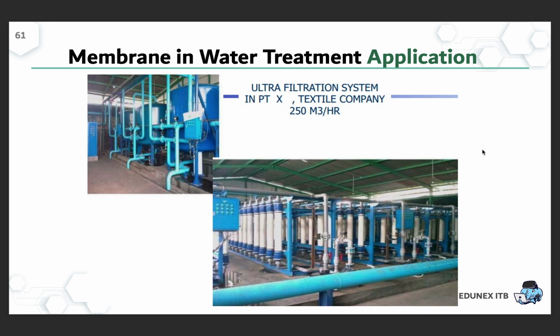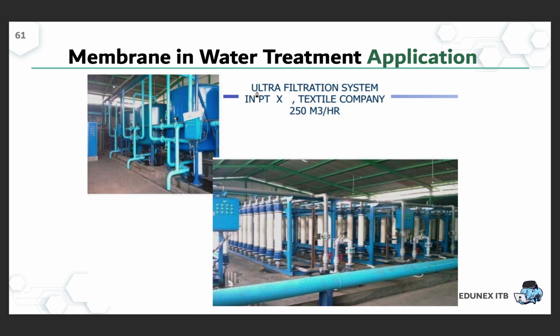This is an example of membrane application. This is the UF system, the ultrafiltration system, in a textile company. It can also be used to treat the wastewater. You know the textile company produces very dirty wastewater, and it cannot be directly discharged to the river. That means you have to treat the wastewater first so you can pass the environmental regulations.